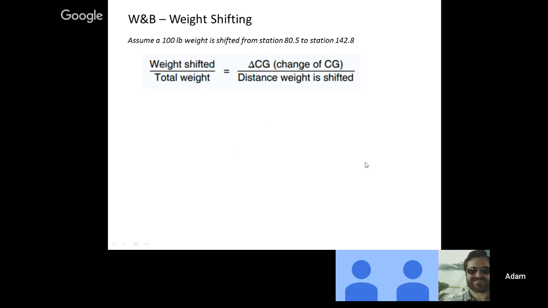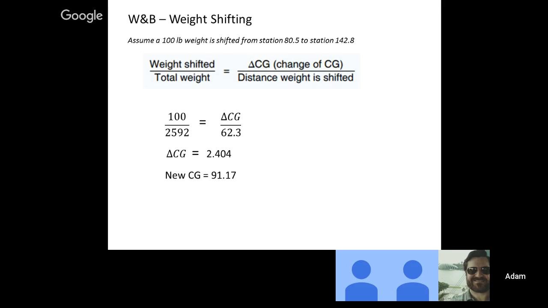You don't have to remember plus or minus, whether to add or subtract from the current moment. You just plug in numbers and go. For this particular example, 100 pounds of weight is shifted, 2592 is the total weight, the distance shifted is 62.3, and so we just solve for the delta CG.